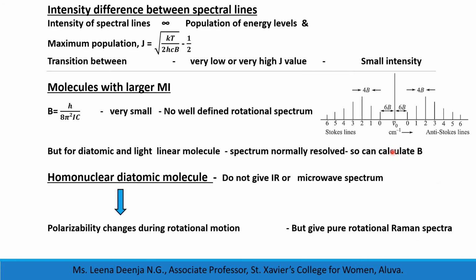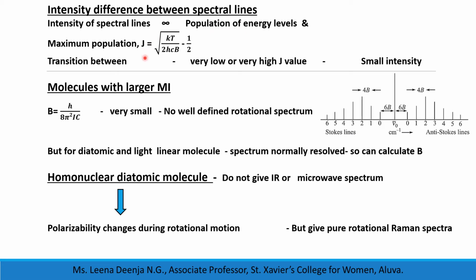When we analyze the Raman spectrum, we can see that the intensity of the Stokes lines gradually increases, reaches a maximum with increase in J value, then decreases. For anti-Stokes lines also, the intensity of the lines is not constant. They gradually increase, reach a maximum, then decrease. And Stokes lines are more intense than anti-Stokes lines. This is because the intensity of spectral lines is directly proportional to the population of energy levels.